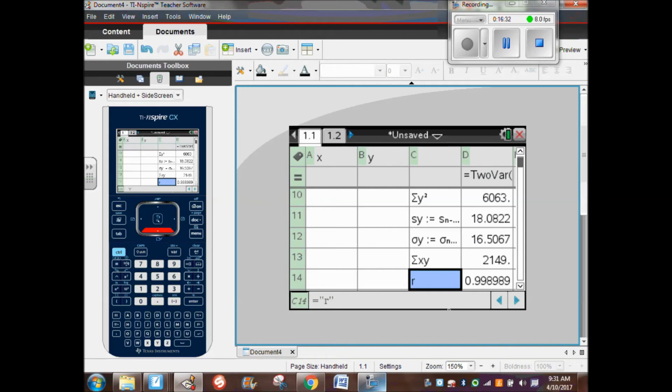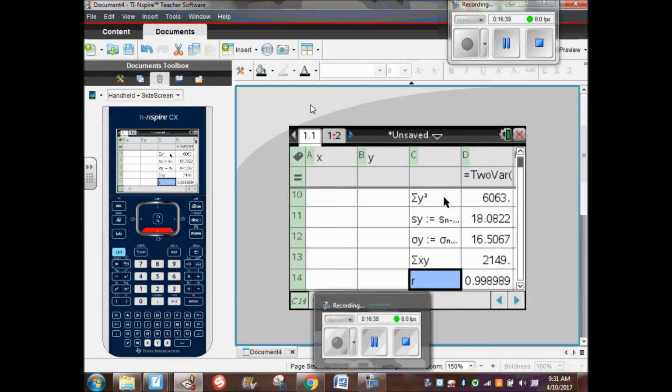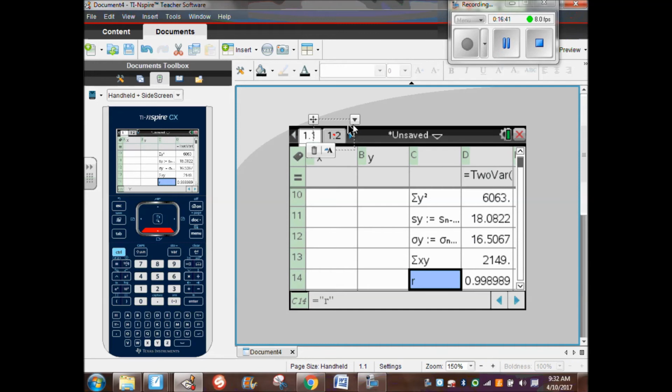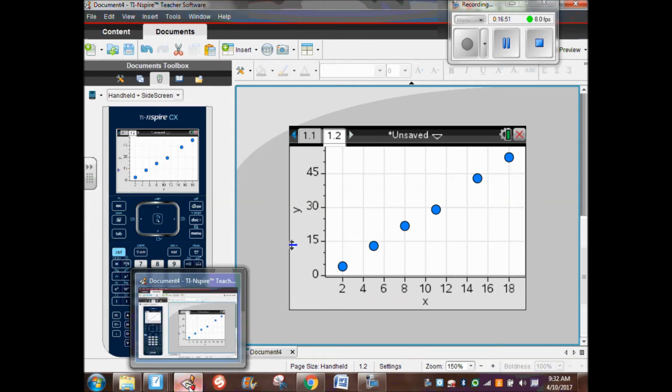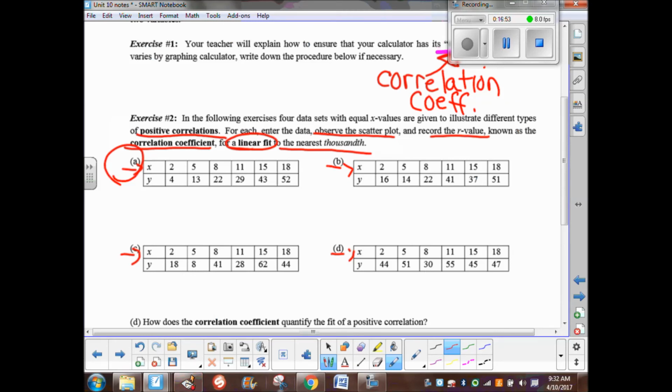1. And what that does is that verifies to us what we projected back here. We said that is pretty darn close to perfect. So when your R value is really close to 1 or really close to -1, it is pretty darn close to a perfect fit, a perfect line in this case.